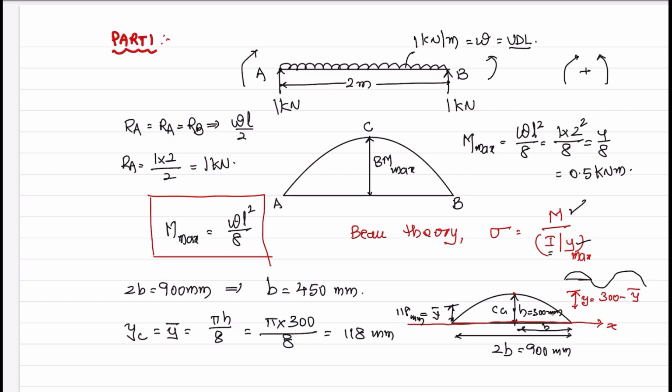300 minus y bar means 300 minus 118, that is equal to 182 mm. Y is equal to 300 minus y bar, that is equal to 300 minus 118, that is equal to 182 mm. Now you got the value of y max. Now what are the values we have calculated as of now?